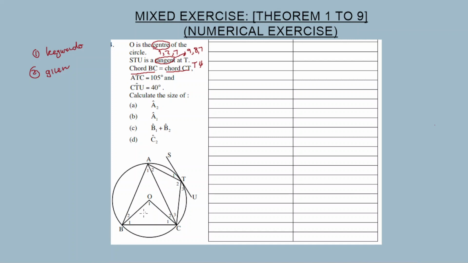ATC, this angle yala basiphe yona 105, and then CTU, this angle yala basiphe yona 40 degrees. Calculate the size of A2. T3 or CTU, this angle ga 40 degrees la. Lana kuno 105 degrees.